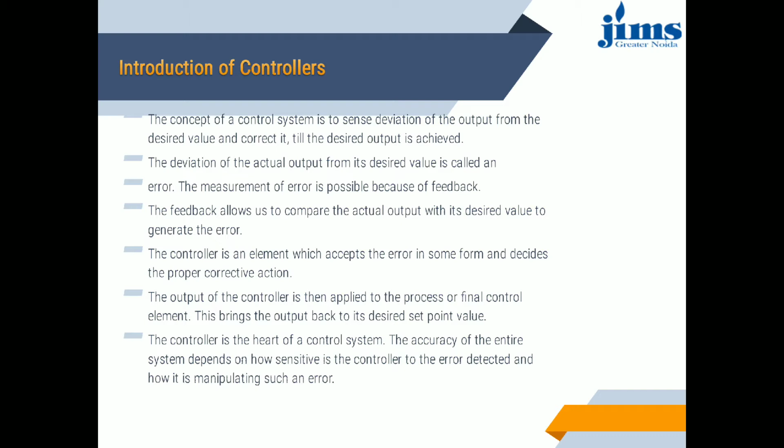The method by which an automatic controller produces the control signal is called the mode of control or control action. The control action may operate through mechanical, hydraulic, pneumatic, or electromechanical means.